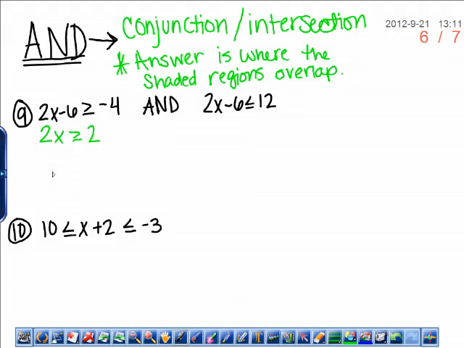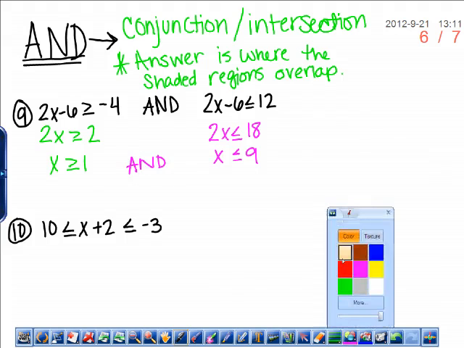Then what? All right, so x greater than or equal to 1. Now let's work the other one. 2x minus 6 is less than or equal to 12. So 2x is less than or equal to 18. X is less than or equal to 9.